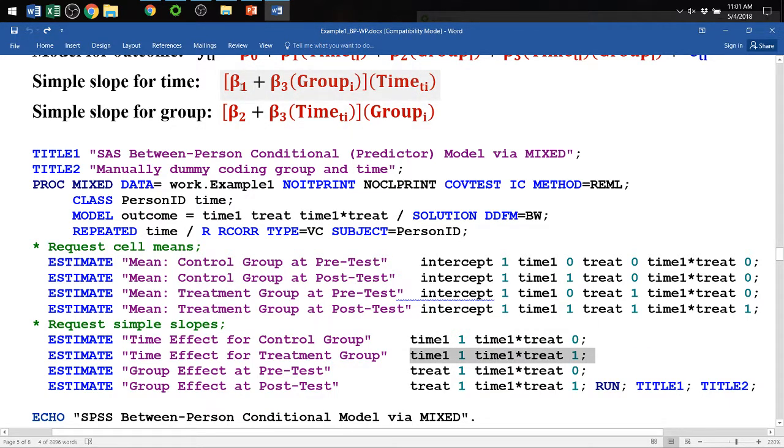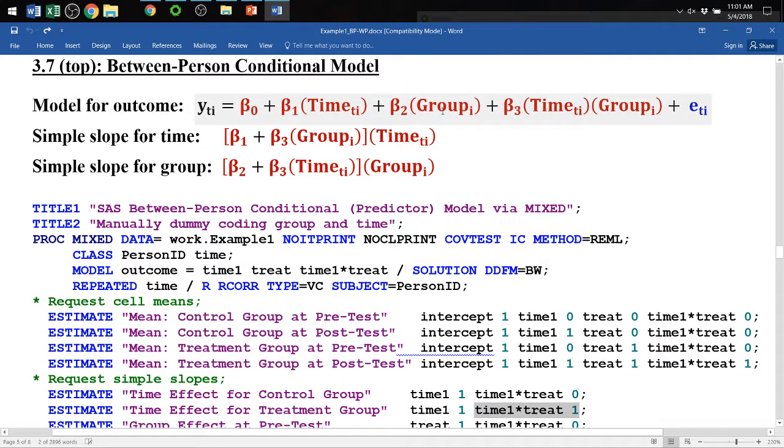I need a beta 1 plus 1 beta 3. And so I fill in 1 for the interaction term. So the linear combination of beta 1 plus beta 3 gives me the time effect for the treatment group, and it's going to give me the standard error and the p-value for it.